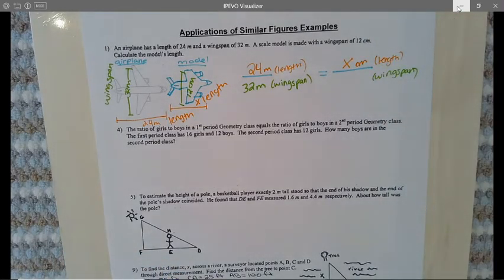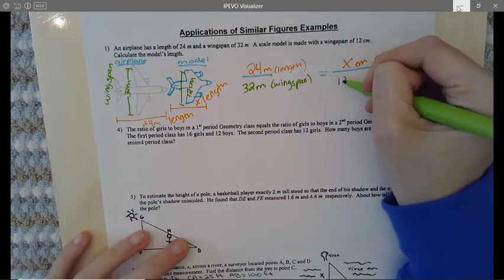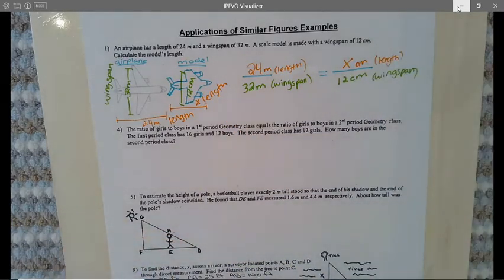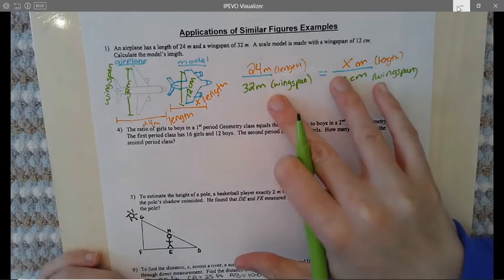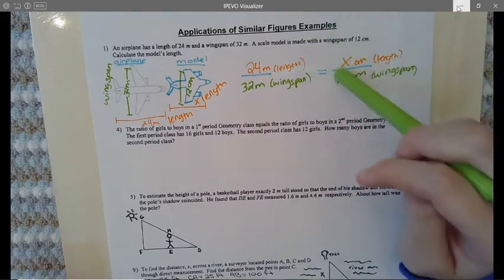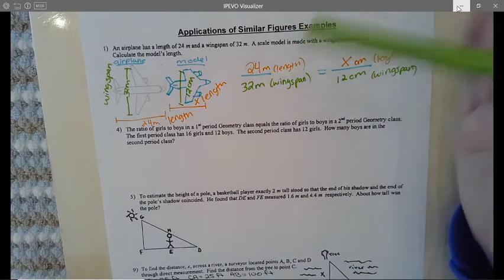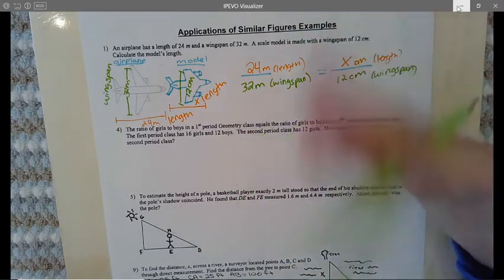And then my wingspan is going to be 12 centimeters. From here, you just cross multiply, because we have a proportion. The hardest thing about these problems is setting up your proportion. After you do that, you just cross multiply and bam, you'll be done.